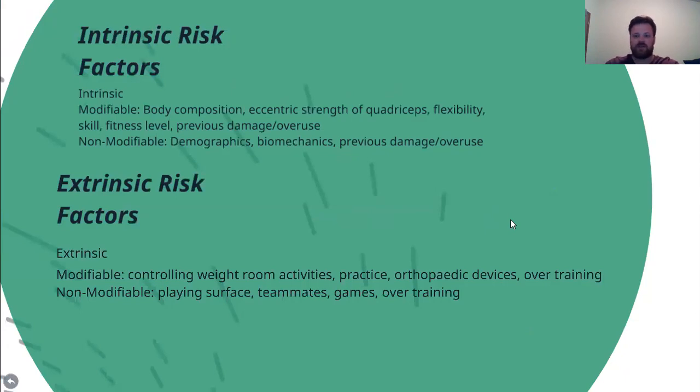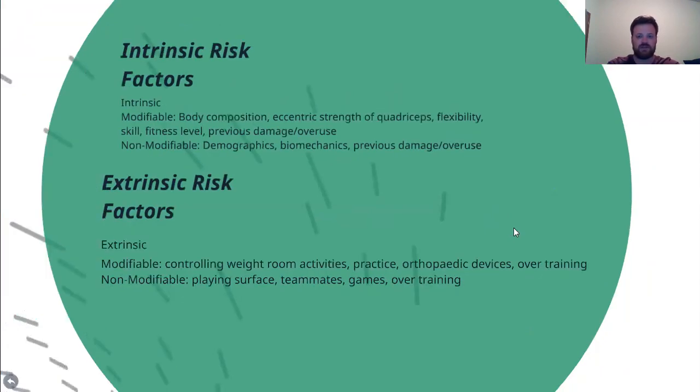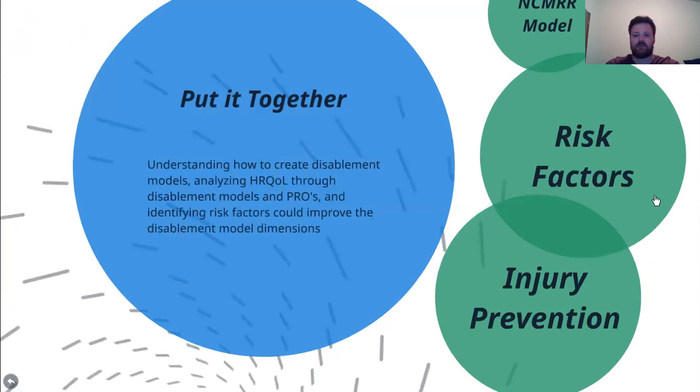We're paying for it. So it's good to know those. And again, that plays into our health-related quality of life. Knowing those non-modifiable intrinsic and extrinsic risk factors can ultimately shed light on why they're in their current state of health.